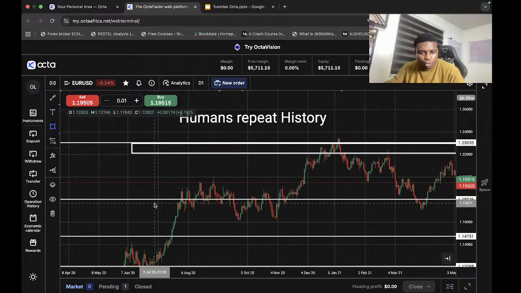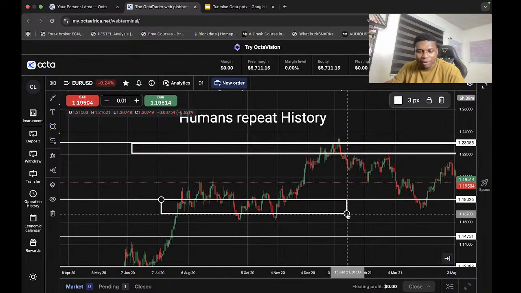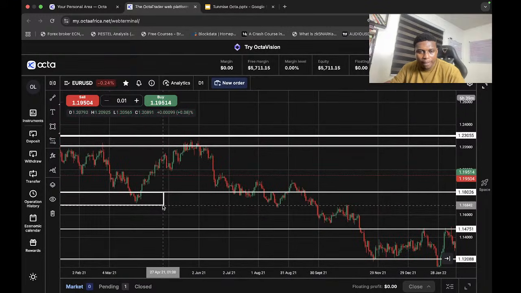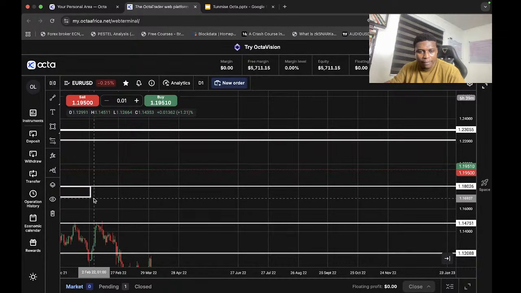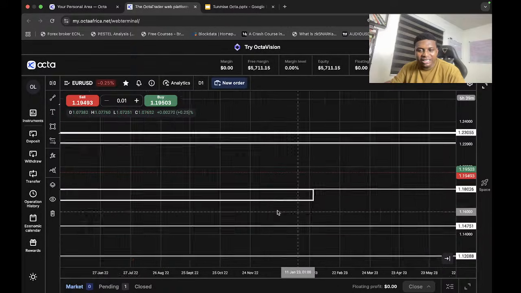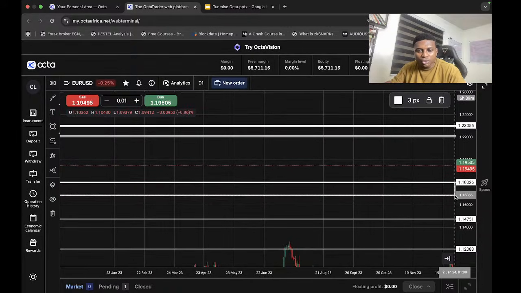To make you sure that it is the same spot, look at it. Price consolidated at this level. Now I'm going to drag this one till the end. So let's keep going. You're going to see that humans repeat history and the price levels also repeat themselves.